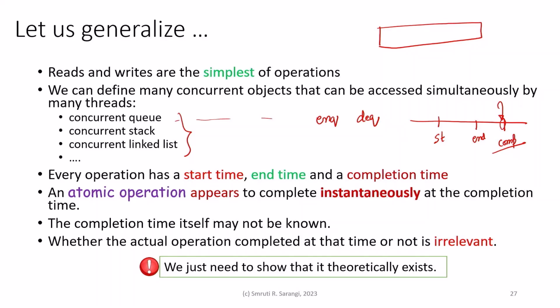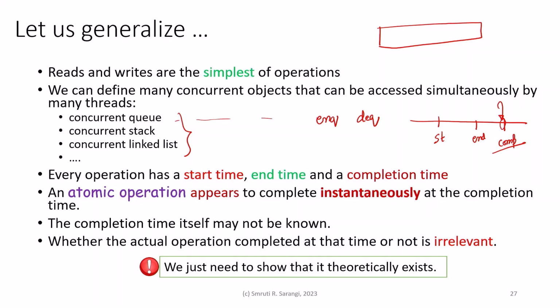All right. So the completion time can be implicit in the sense that all that you can say, like a mathematician, is that a completion time exists, that a single completion time exists. Everybody agrees on that single completion time, but I don't know when it is. Right? Insofar as I am concerned, it exists.